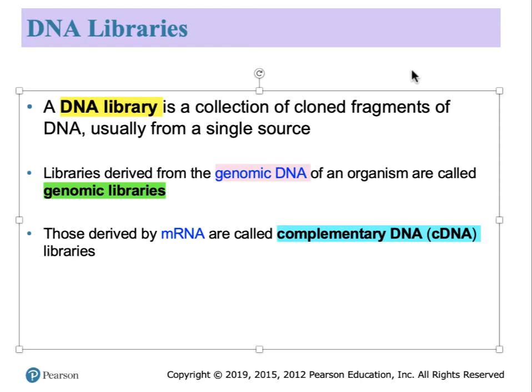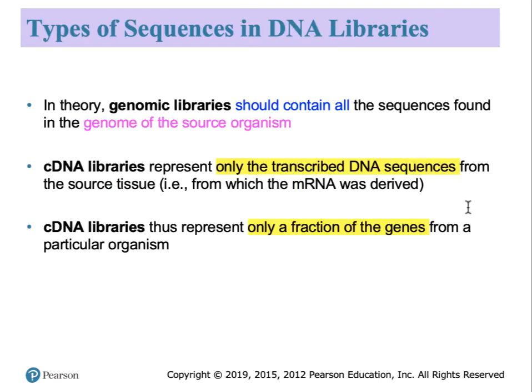It will also include chloroplast DNA if it's from a plant cell, and it may include neither if it's from some other organism. If, however, the library is derived from something else, for instance, just a messenger RNA produced by a particular cell at that moment in time, then those are called complementary DNA libraries, or cDNA libraries, for the following reasons.